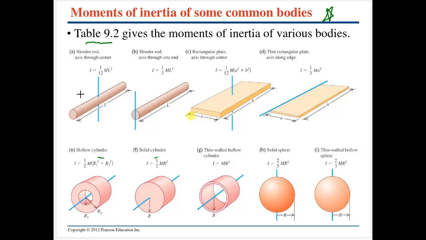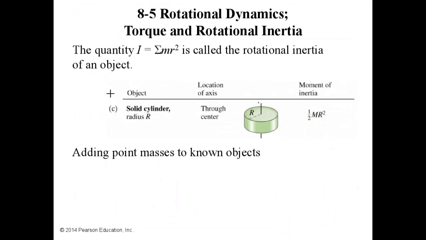We can also see that even a slender rod being rotated about its center is going to be different than that same slender rod being rotated about an axis over here. And you would think, okay, I know that it's going to be much harder to spin this slender rod about its end than through its center, and the moment of inertia is going to bear that out.